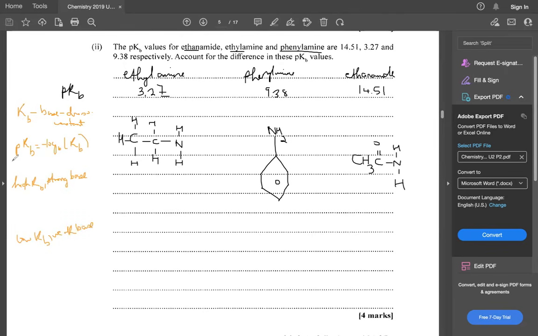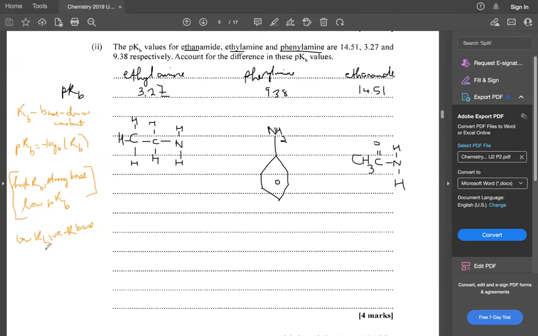And so based on this relationship between pKb and Kb, if we have a high Kb and we take the log of it, we're going to get a very tiny pKb. So a high Kb corresponds to a low pKb. And so that means that our strongest base would have a low pKb.